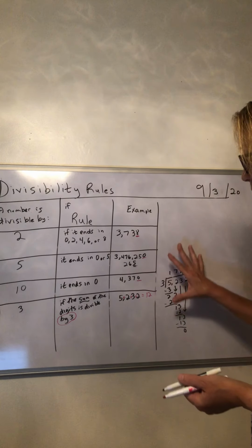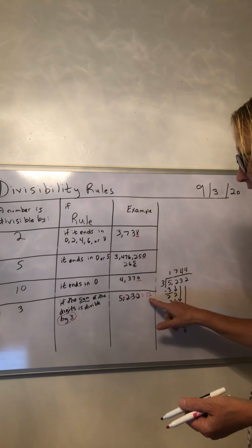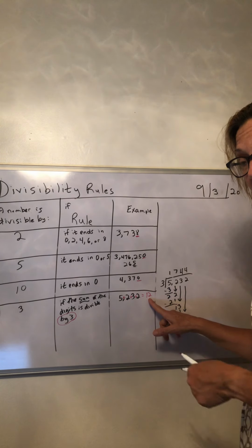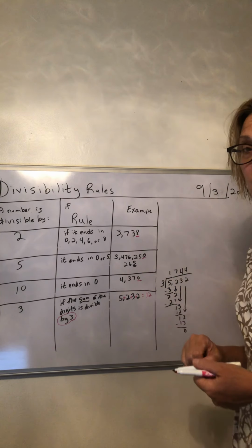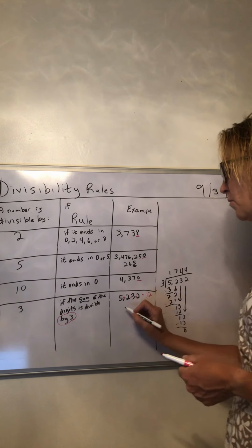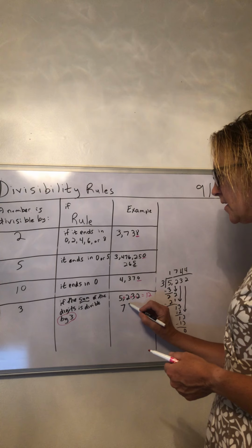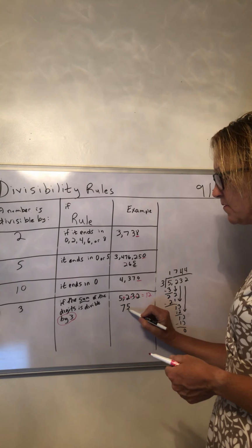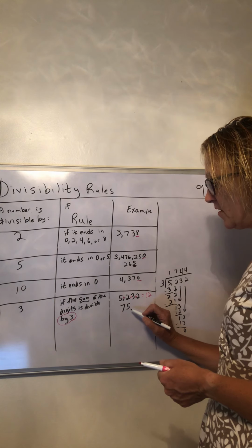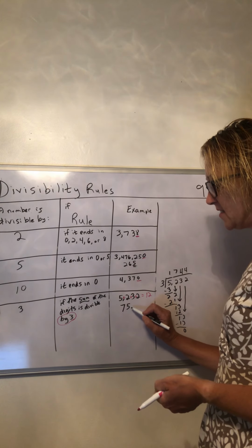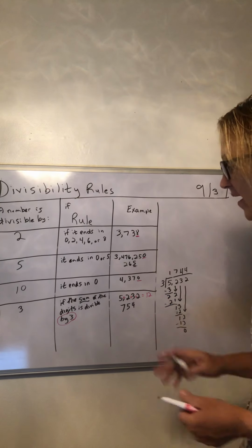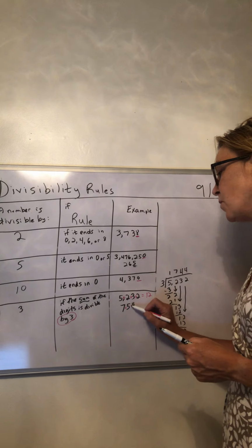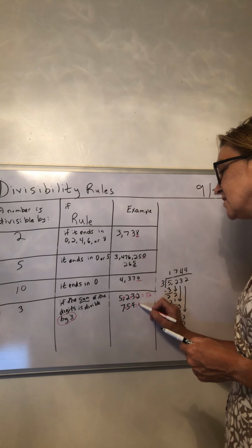And if I didn't really want to do all the long division, I just add up the digits. And if the sum of the digits can be divided by 3, then that whole number can be divided by 3. I'll show you another one that works. 75, let's see, 7 plus 5 is 12. I'm going to put a 4 there. And why did I put that? Because I knew if I added 7 plus 5 is 12, 12 plus 4 equals 16.